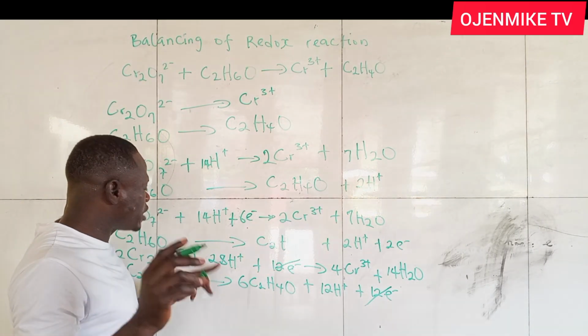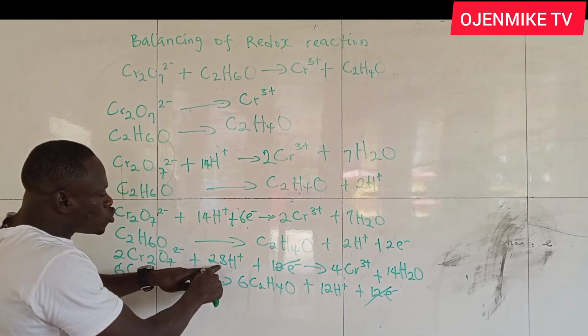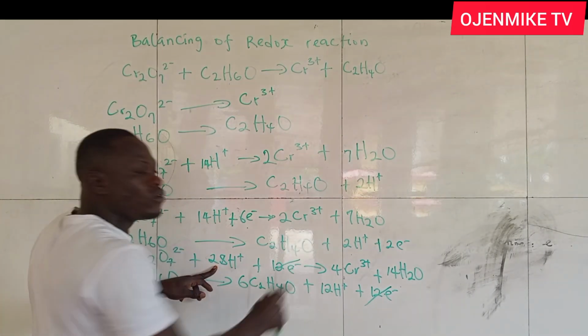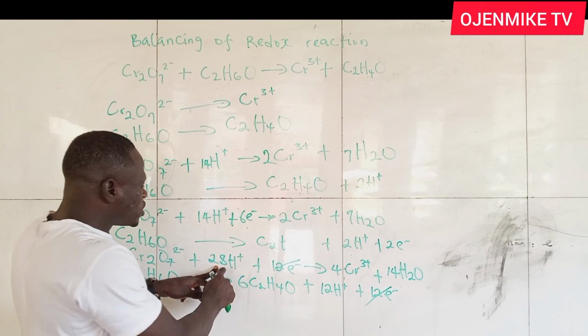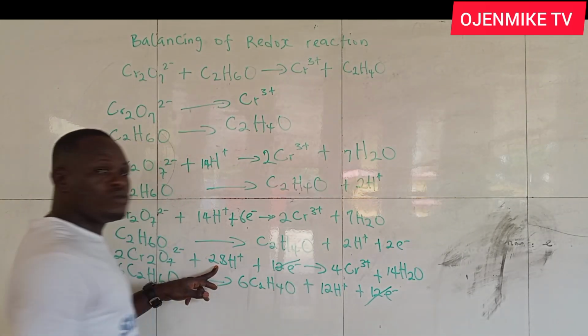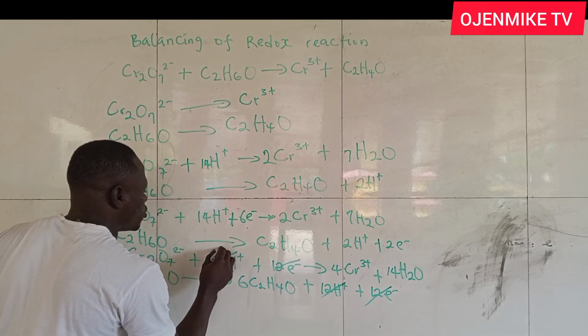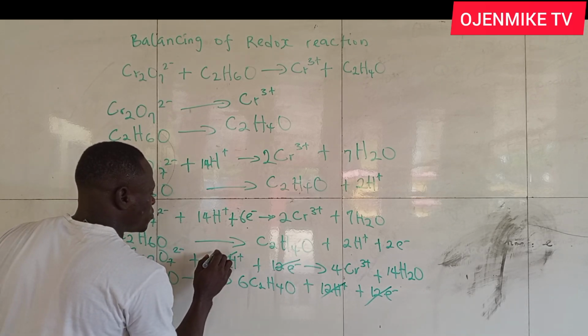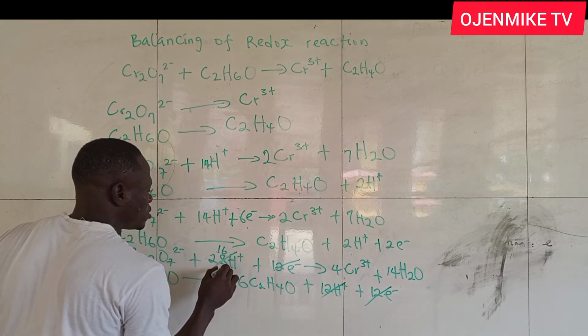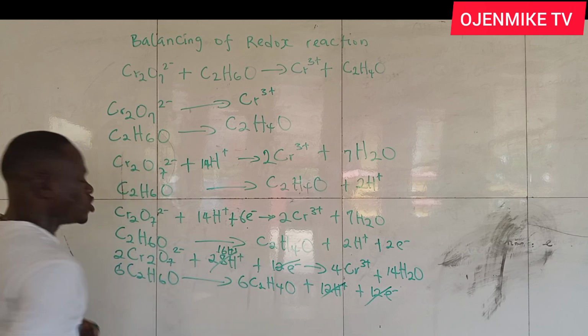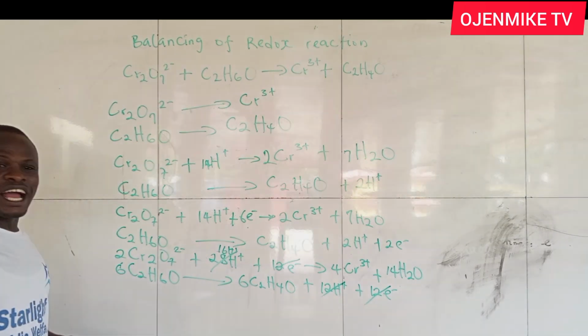Minus the side with the highest number. So 28 minus 12 will give us 16. Cancel here, you cancel here. So here will be 16 each. So you can now rearrange your equation.